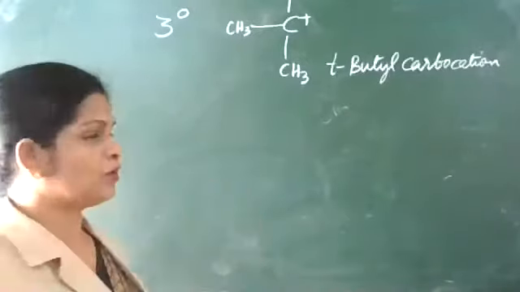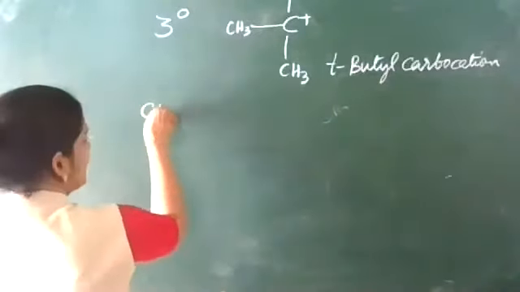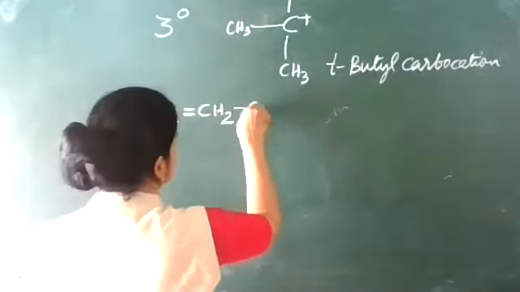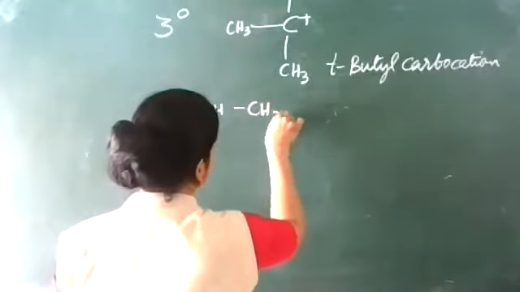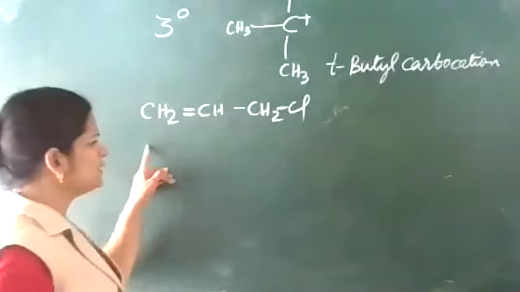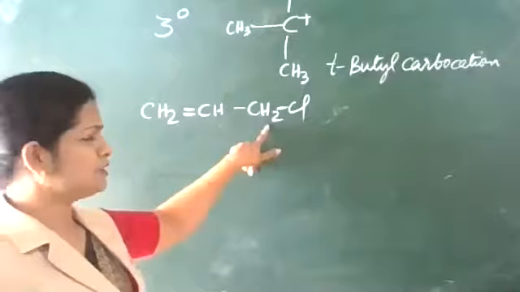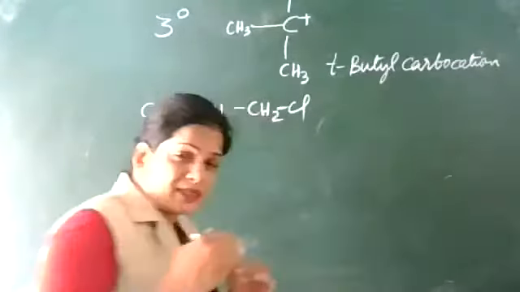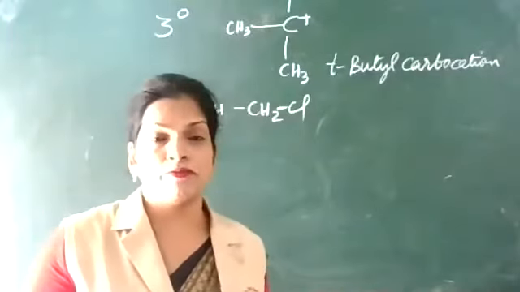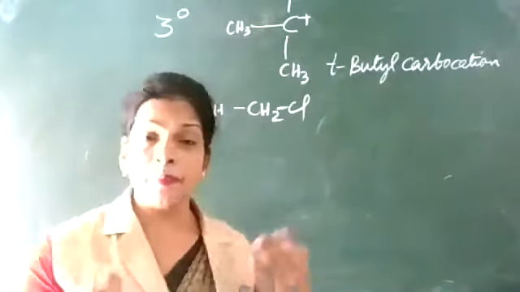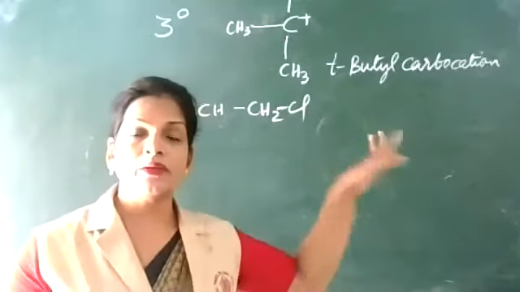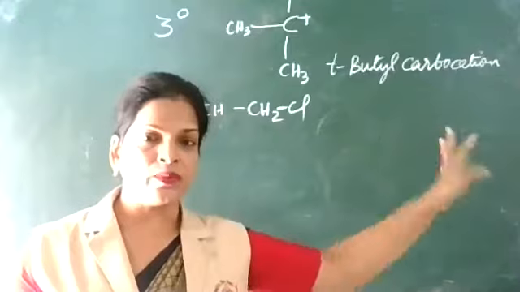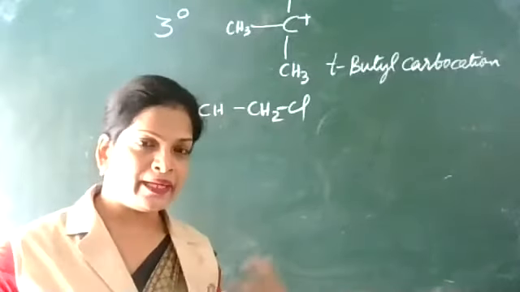Now another carbocation is the allyl carbocation: CH2 double bond CH, CH2Cl. From this, there is a possibility of formation of a stable carbocation. In what way will it break?